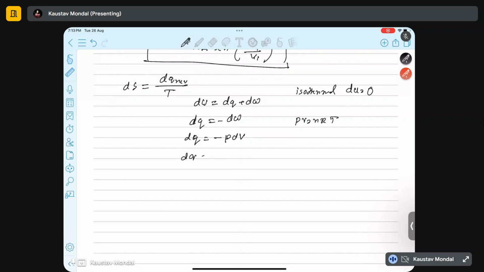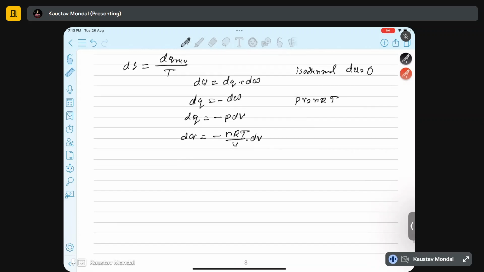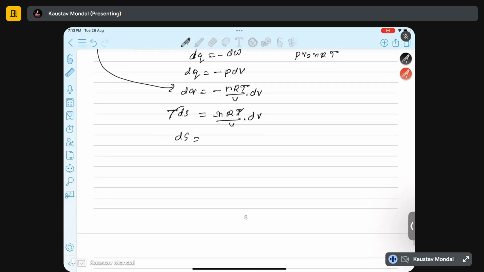So dq would be minus nRT by V into dV. Now dq you can write as TdS, that is coming from here basically. So TdS is equal to minus nRT by V into dV. dT will cancel, so dS would be simply minus nR dV by V.